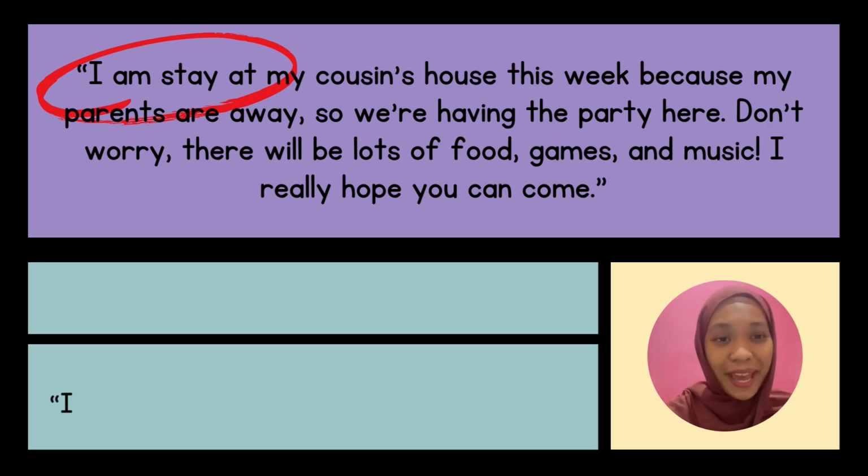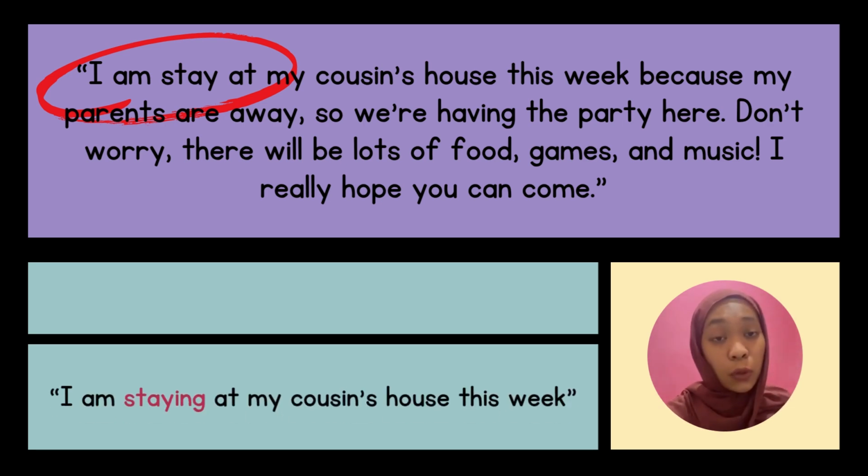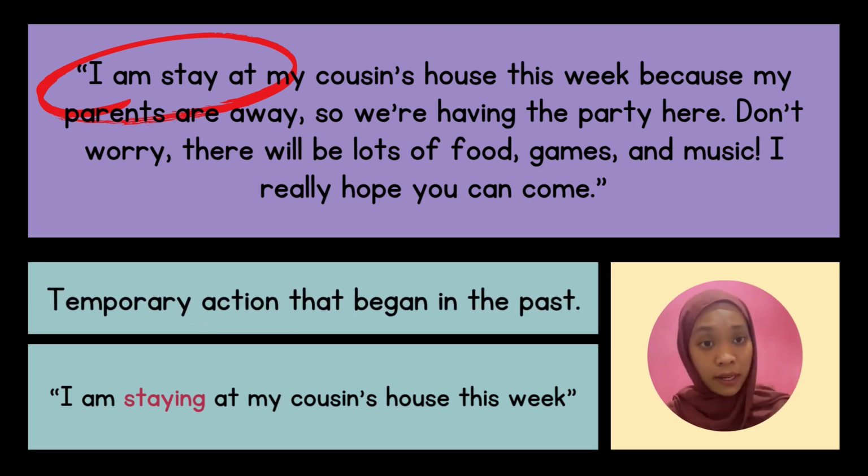I am staying at my cousin's house this week. Why? Because in this sentence, you are going to show a temporary action. Because you say that I am staying at my cousin's house this week, you are going to tell your friends that you are staying at your cousin's house just for this week.